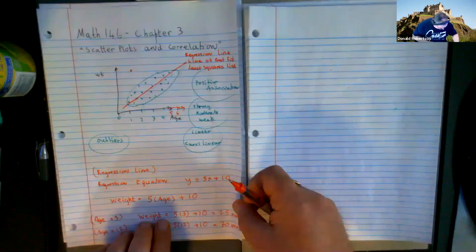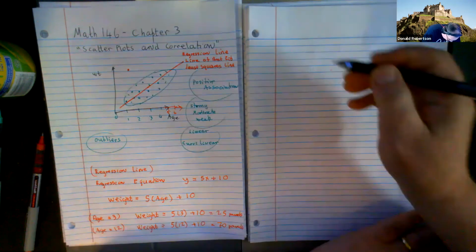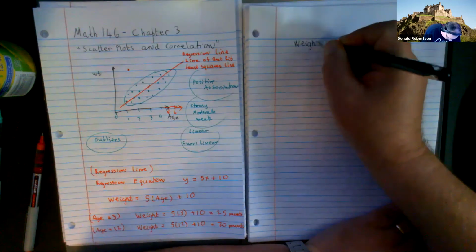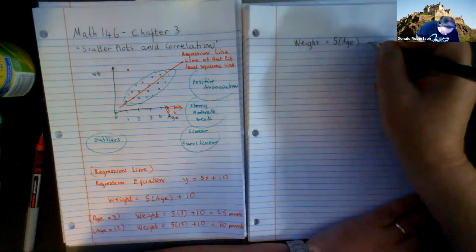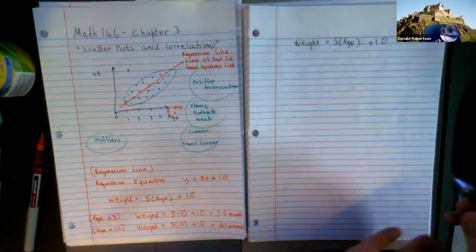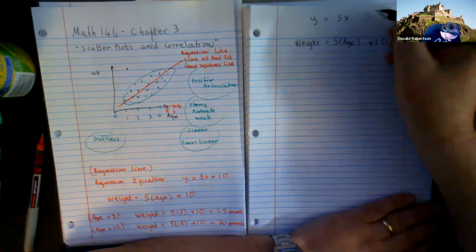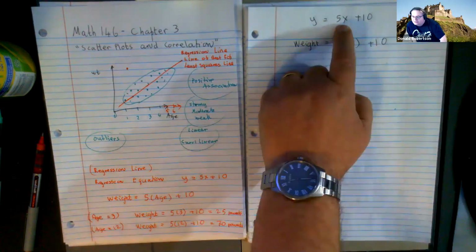So let's talk a little bit more about this equation. In the algebra world, let's return back to that for a minute. What do you call the 5 that's next to the x?